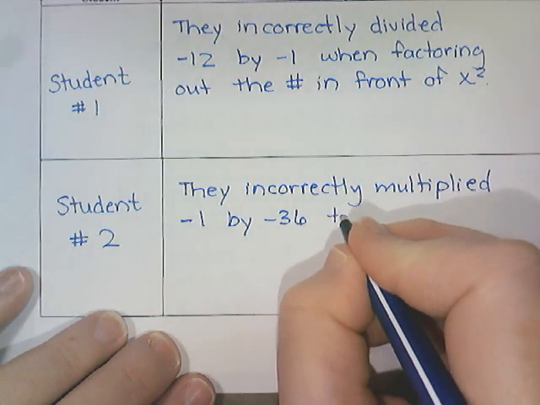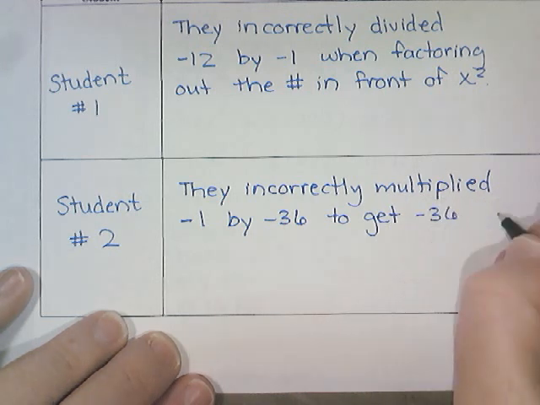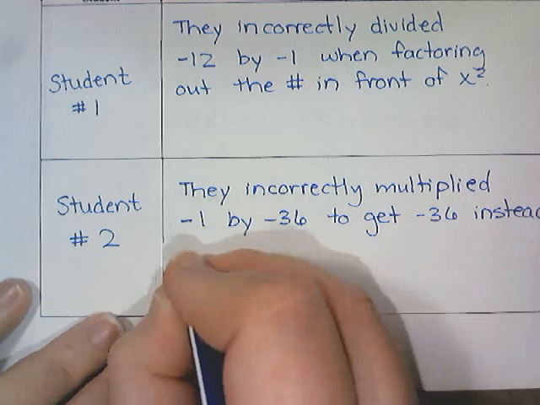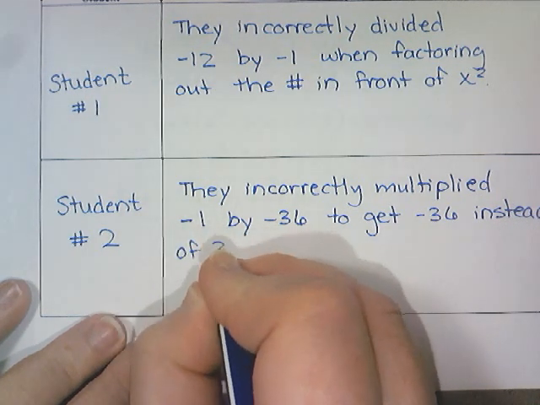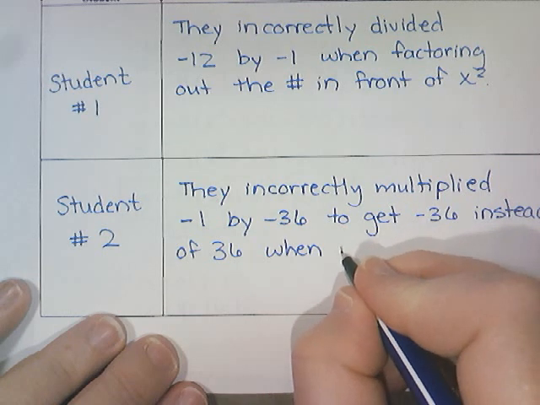To get -36 instead of +36 when multiplying the negative out of the bracket.